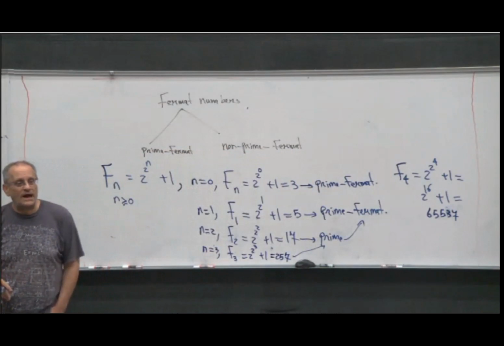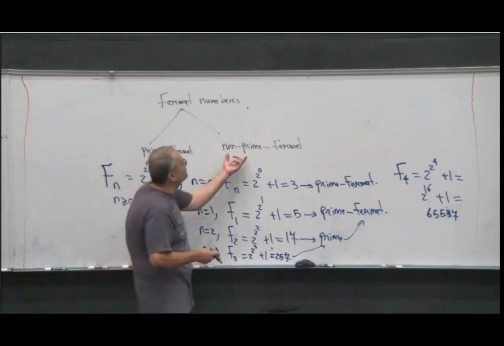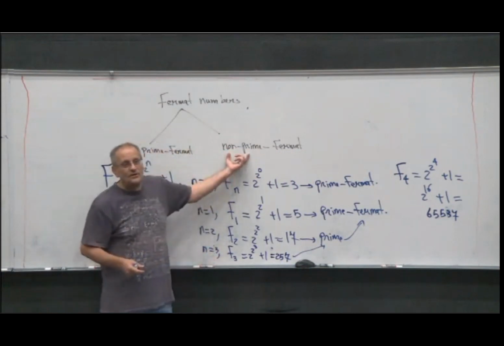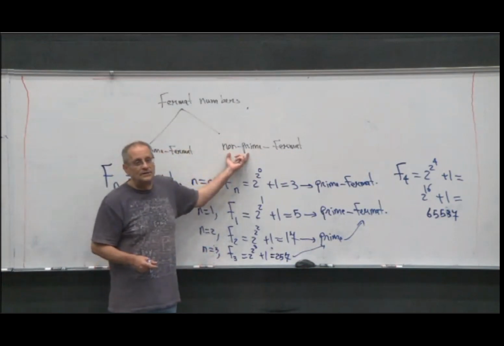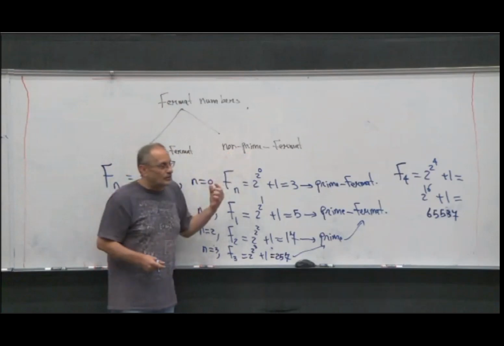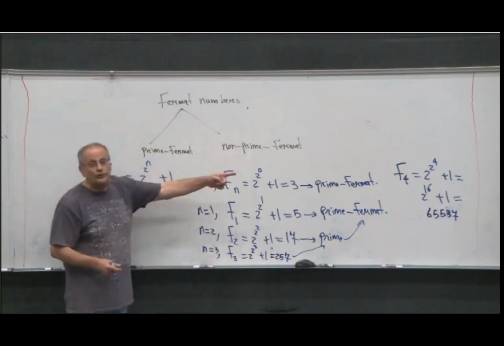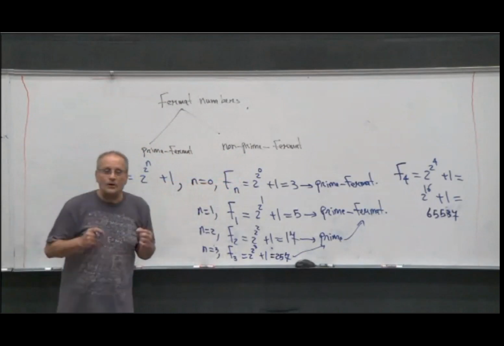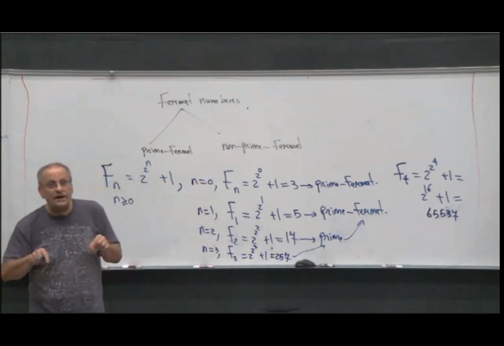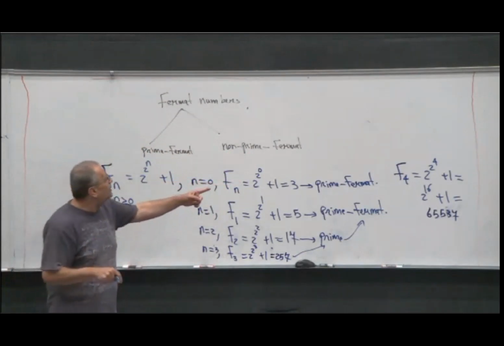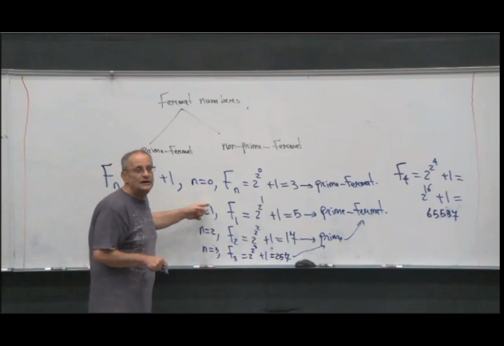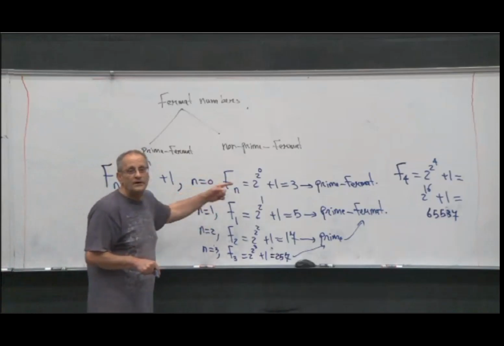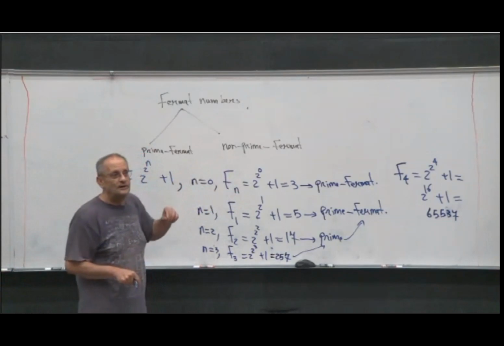Okay. Try n equal 5. You're going to get a Fermat number, but it's going to be what? It's not a prime. So look, for n from 0 to 4, we get what? Till this minute, these are the only known prime Fermat numbers, or Fermat primes.